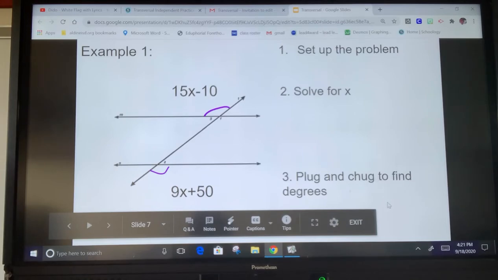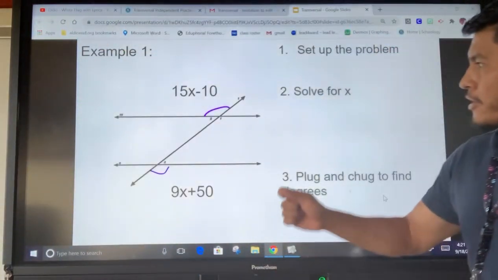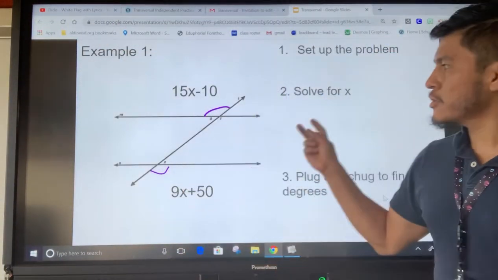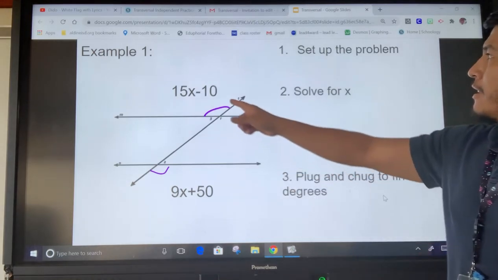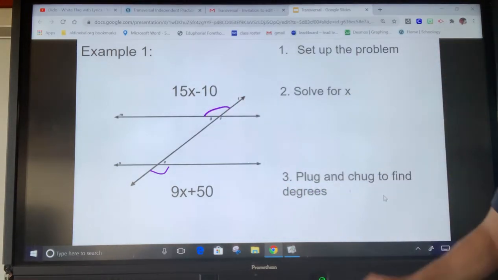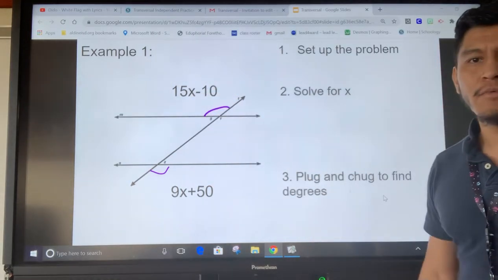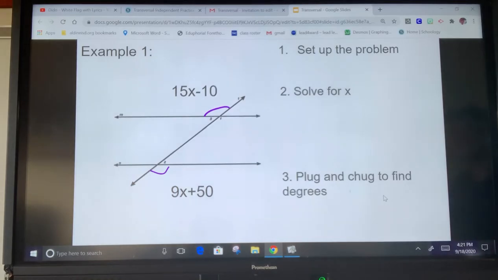All right, so example one, and this is what you're going to see in the start test and in the assignments right now. What did they give you? Here's my transversal, crossing two parallel lines. Solve for x. They give you this obtuse angle is 15x minus 10. The other one is 9x plus 50. So how would I solve for that?